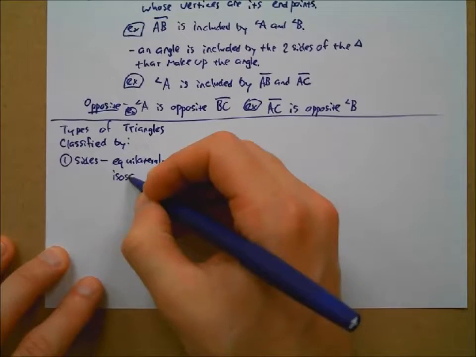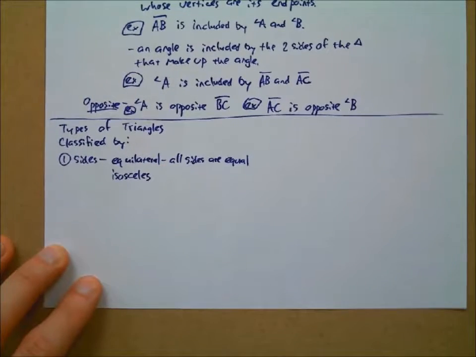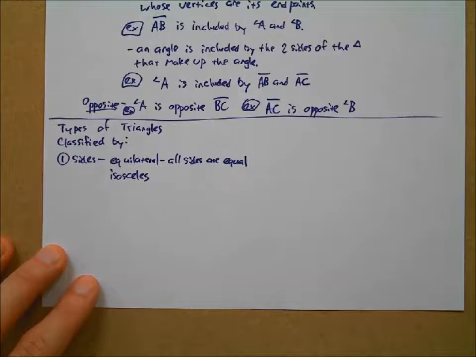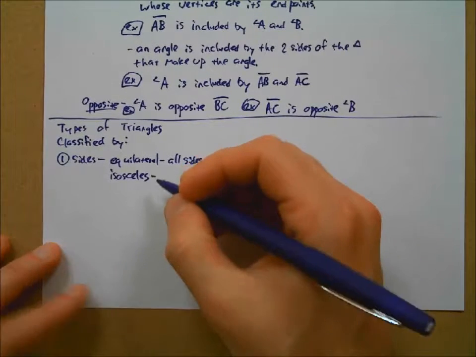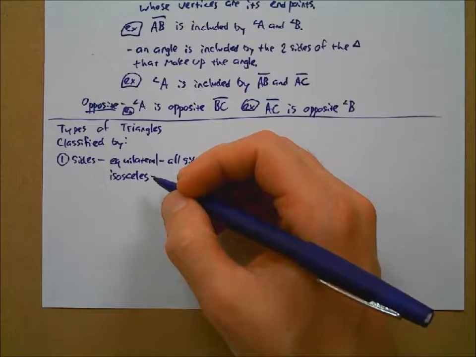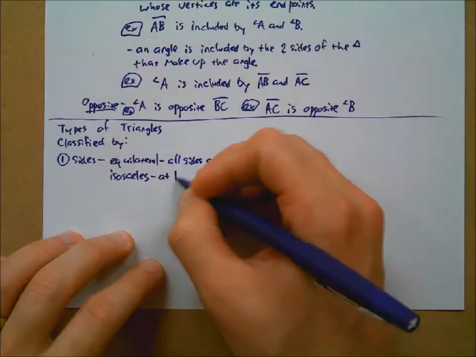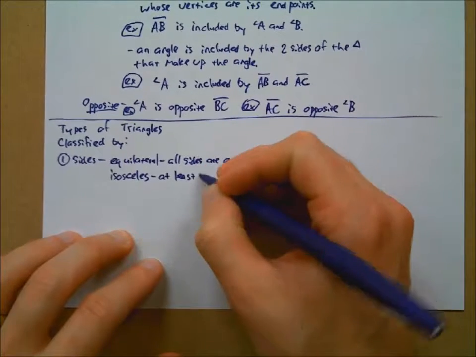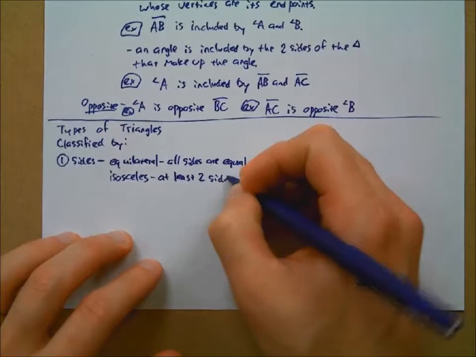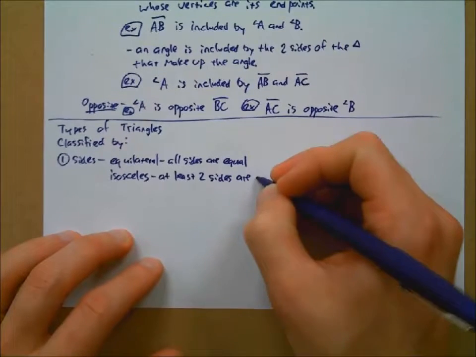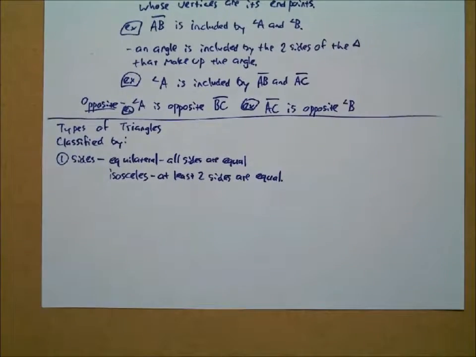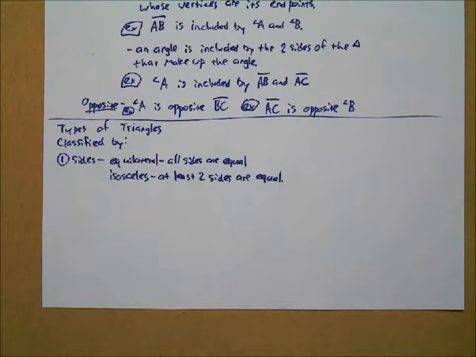Isosceles, at least two sides are equal. Okay, that might be a slightly different definition than the way you learned it in the past.